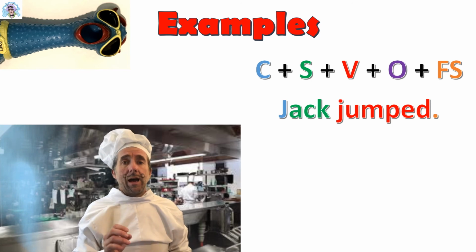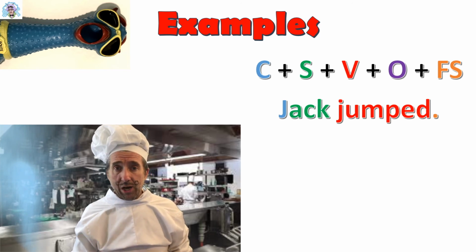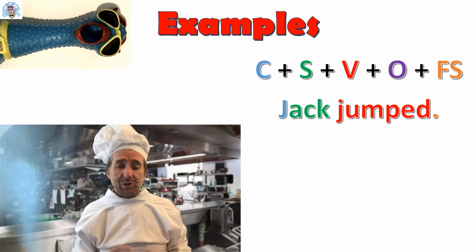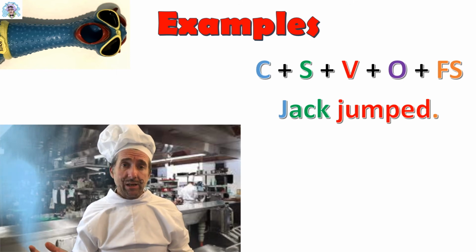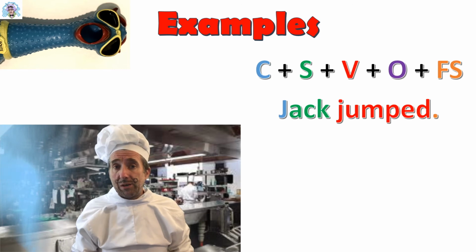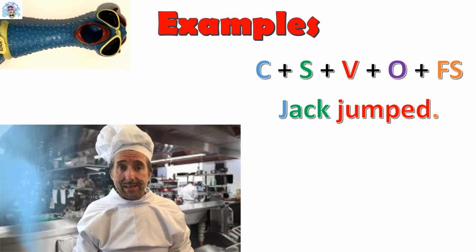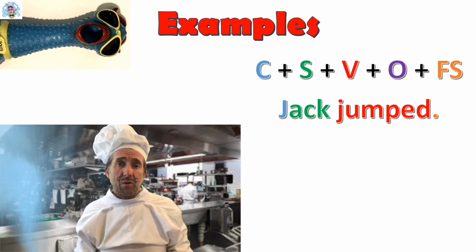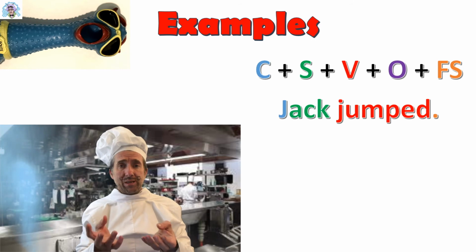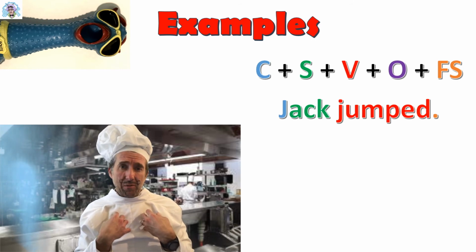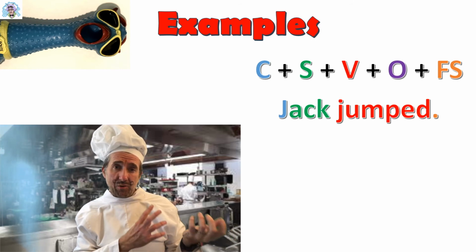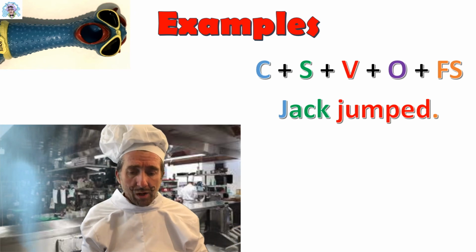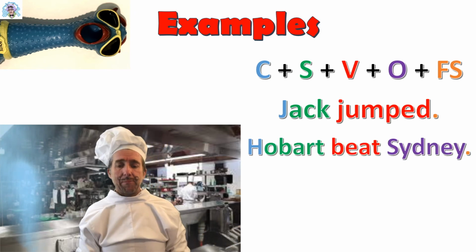Then I've got in red the verb, which is jumped. So Jack jumped, and also a full stop at the end. Now, do I have an object in it? No, I don't, because I don't need one in this sentence for it to make sense. And jumped isn't an action that you do to another person, place, or thing, so no one receives that action from a subject.